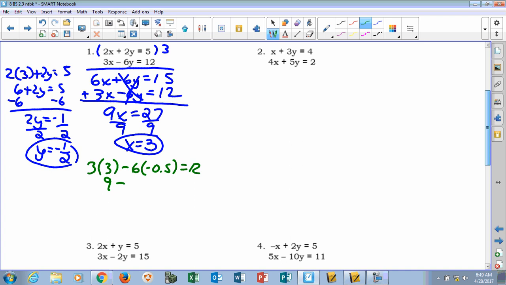Anyone plug it into a calculator? 6 times negative 0.5 is negative 3. Since I have a double negative, 9 plus 3 is 12. So that checks. My solution is 3, negative 0.5.